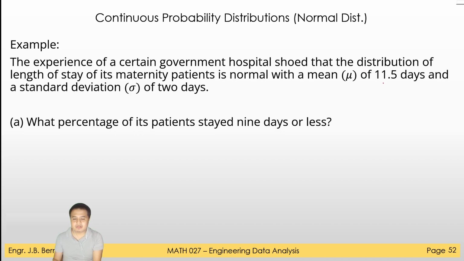So we have a mean of 11.5 days and a standard deviation of 2 days. Okay, so mu is equal to 11.5, sigma is 2. Now, the question here is, what percentage of its patients stayed 9 days or less? So we have here a random variable of 9. Now, if you want to solve this, we first want to transform from x into z.